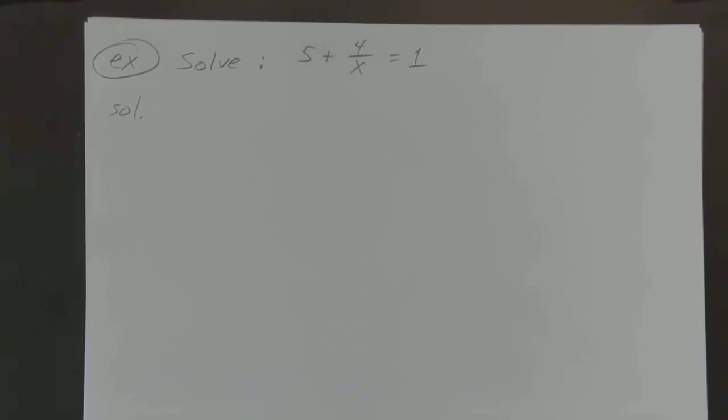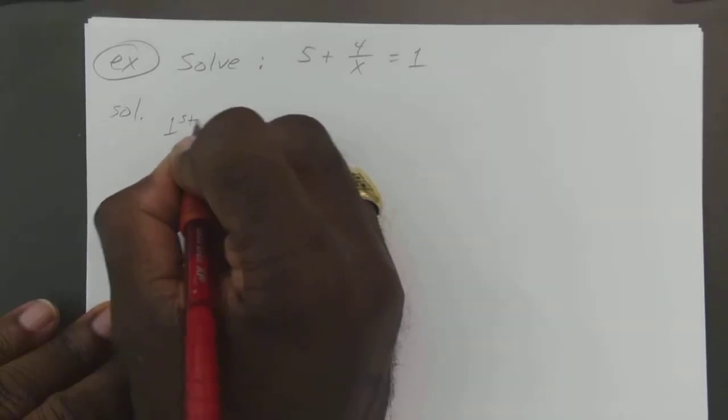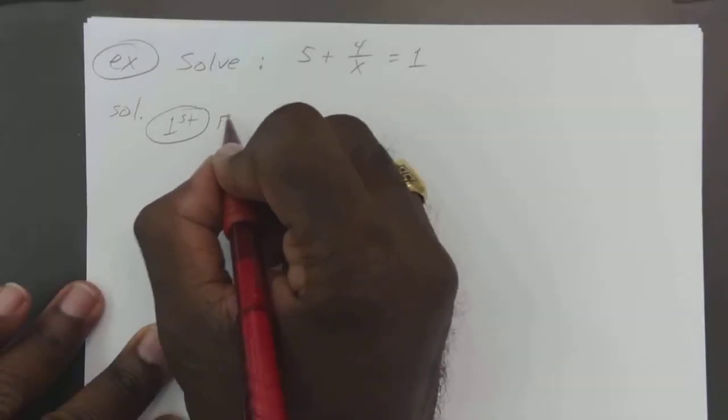But for this one, you don't need step 1 because everything is pretty much factored. So the first step, factoring isn't necessary.